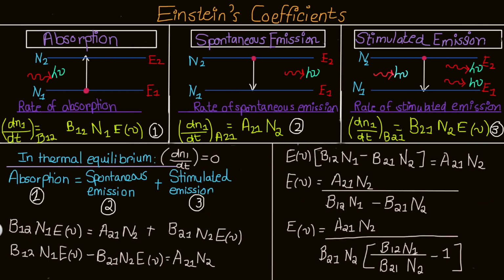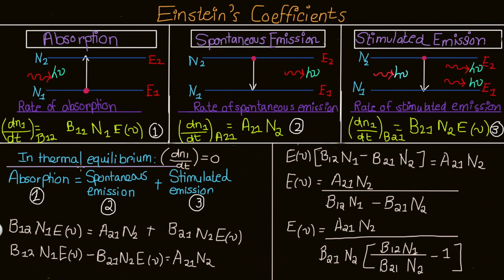As you can see, I've written the 3 equations over here. I've written dN1 divided by dt for all 3 equations, because this is the change in number density of atoms in state 1, level 1, per unit time, which is basically the rate of the processes.